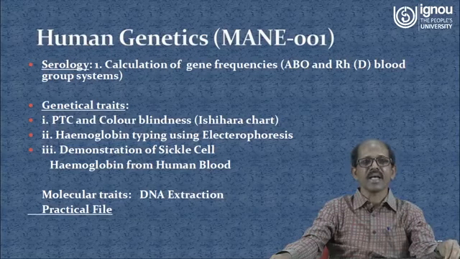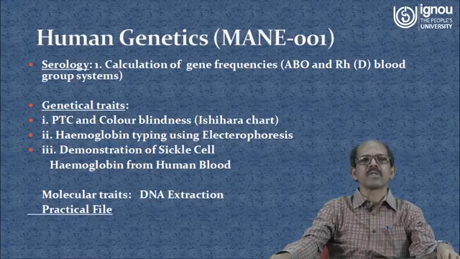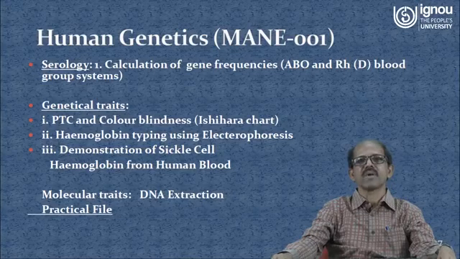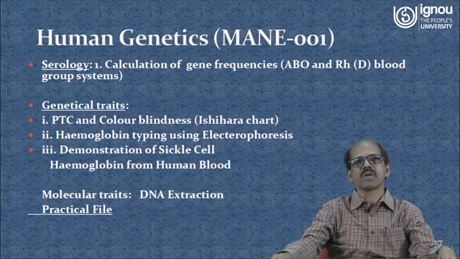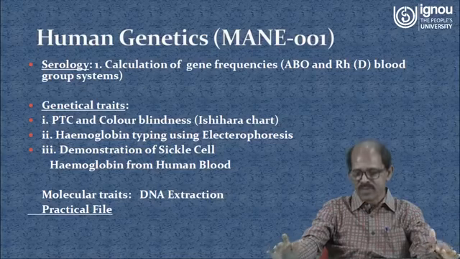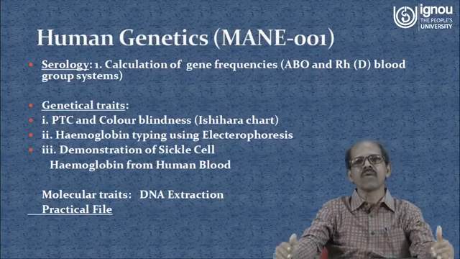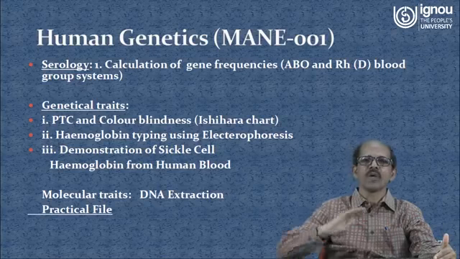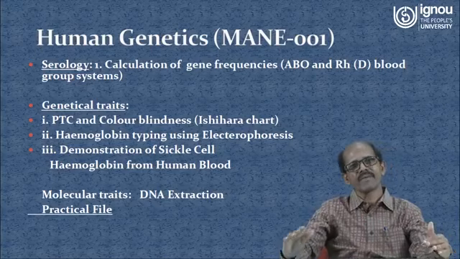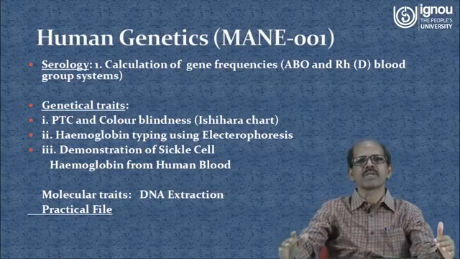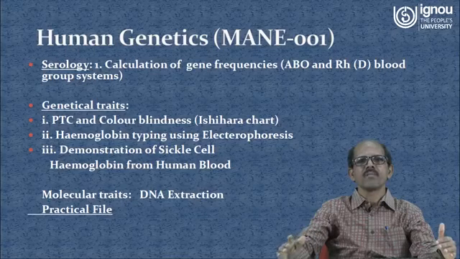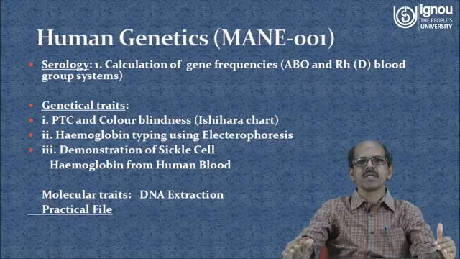But in the second year, we are including a chapter on how to calculate gene frequencies from these ABO and RH blood group systems. These gene frequencies are helpful in understanding human evolution. There are different evolutionary forces, and by understanding gene frequencies of these two systems, we can understand the evolution of human beings.